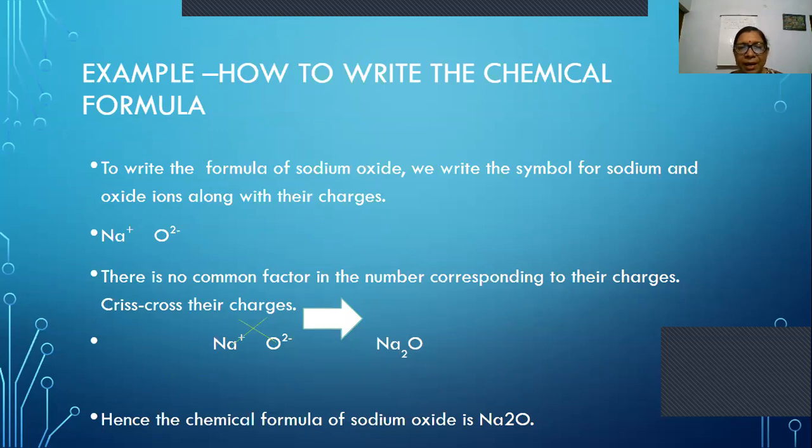So Na2O is the chemical formula of sodium oxide. We will try to write more formulas of various compounds in this way.